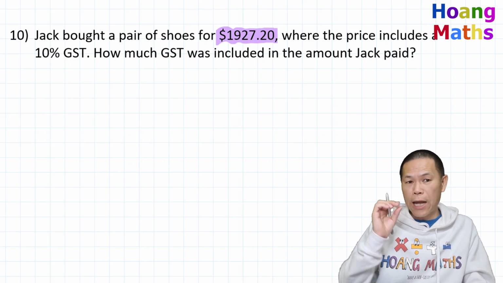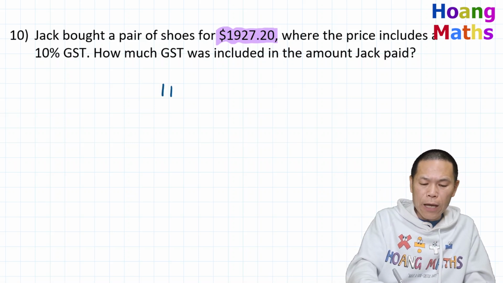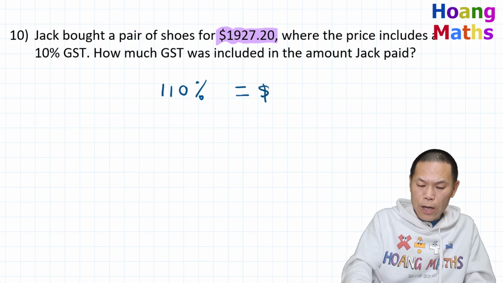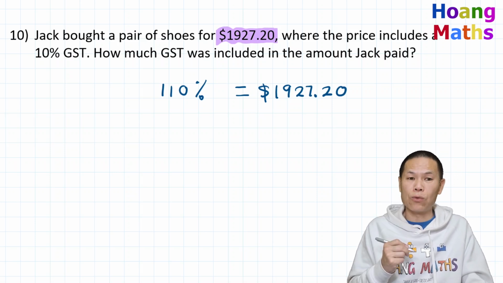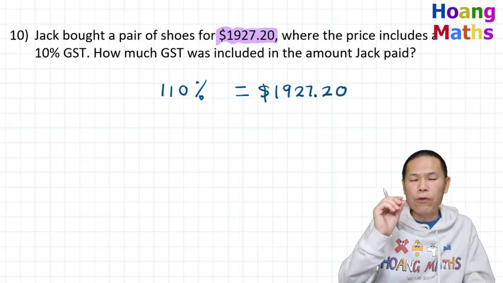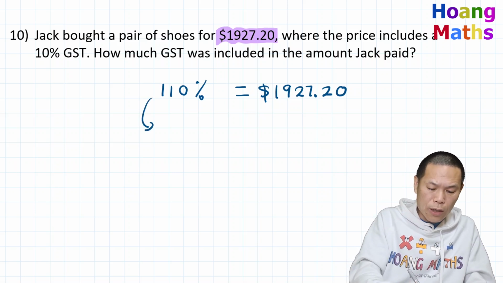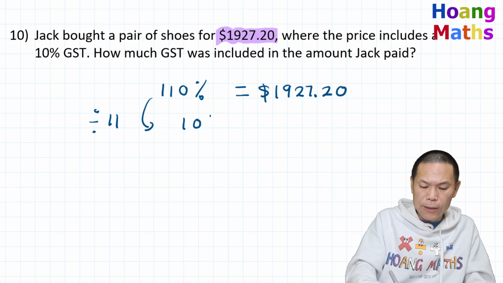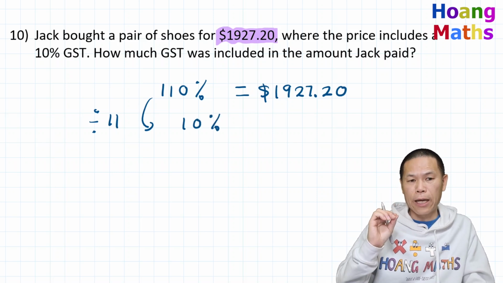I can show you another method as well. 110% is equal to 1927.20, and we need to work out 10%, right? If you think about it, if we divide 110 by 11, that will give me 10%, because 110 divided by 11 is 10. Keep that in mind.